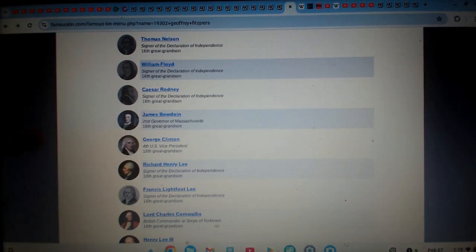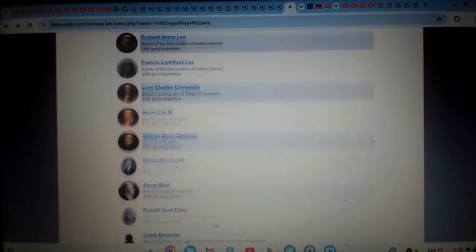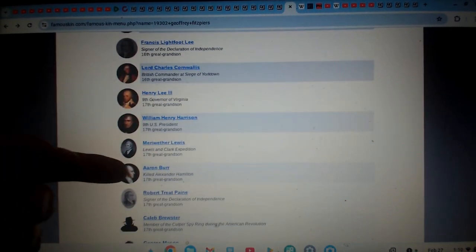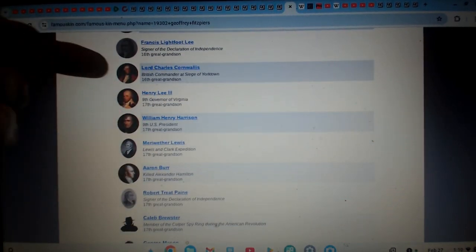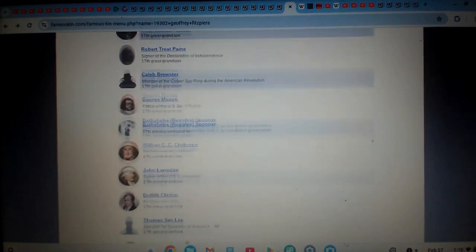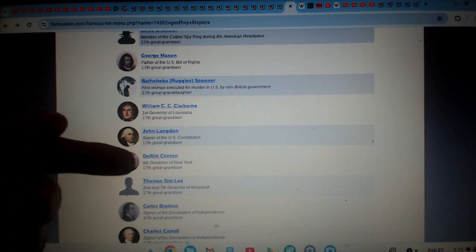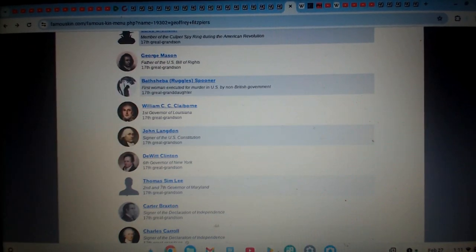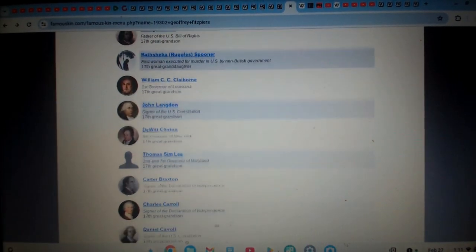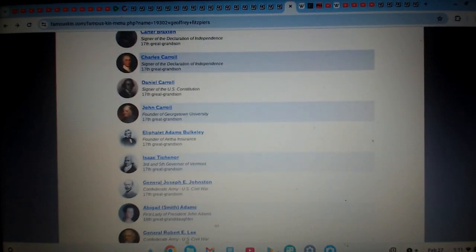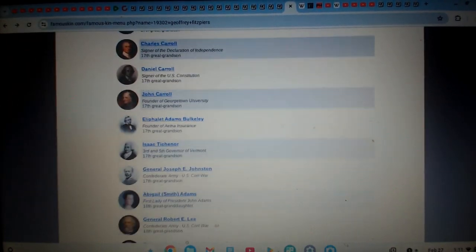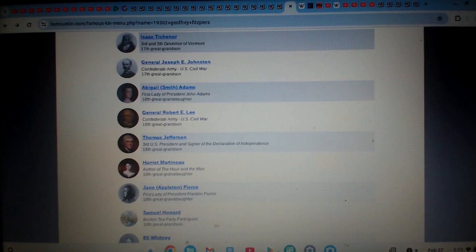It's the same people. It's like they cut and pasted these lists. Here's Aaron Burr right here. 9th President, 9th Governor. They're all the same people. Father of the U.S. Bill of Rights, signer of the Constitution, Governor, signer of the Constitution, or 2 of them with the Declaration of Independence, U.S. Constitution, all of them. They're all the same people.